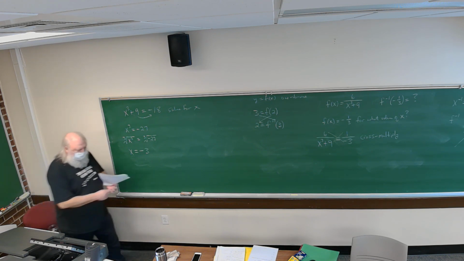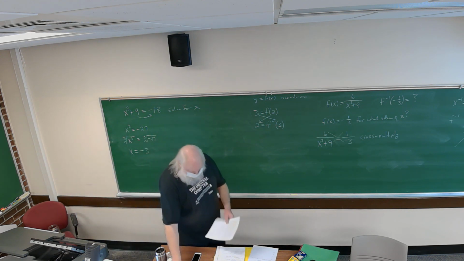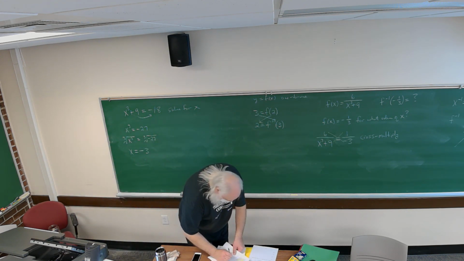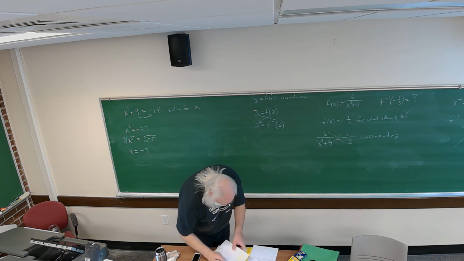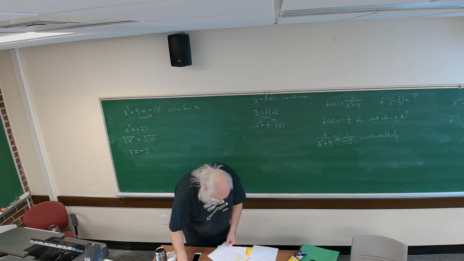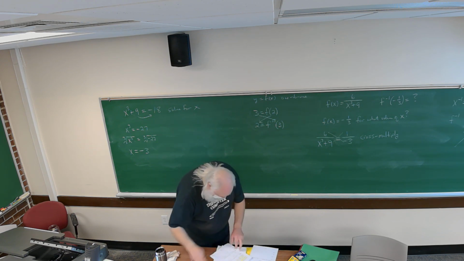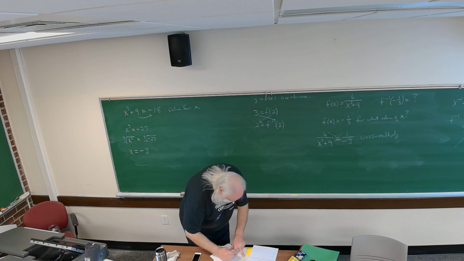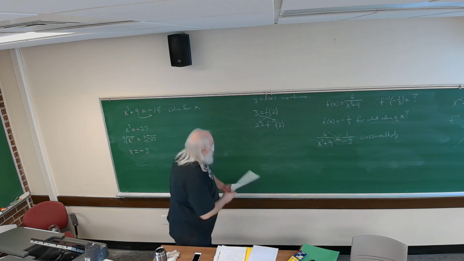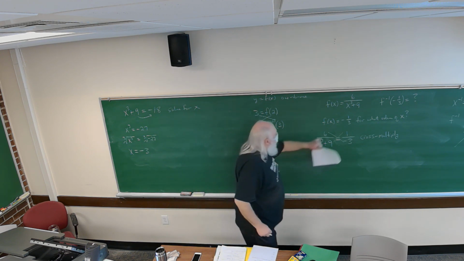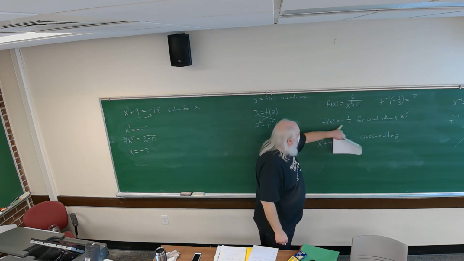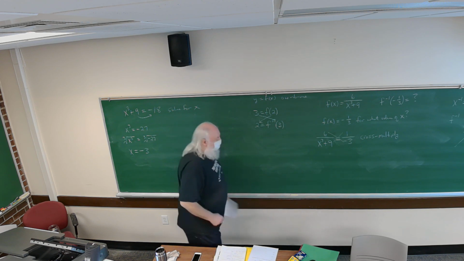Okay. So what this tells us now, f of minus 3 is equal to negative 1/3, right?